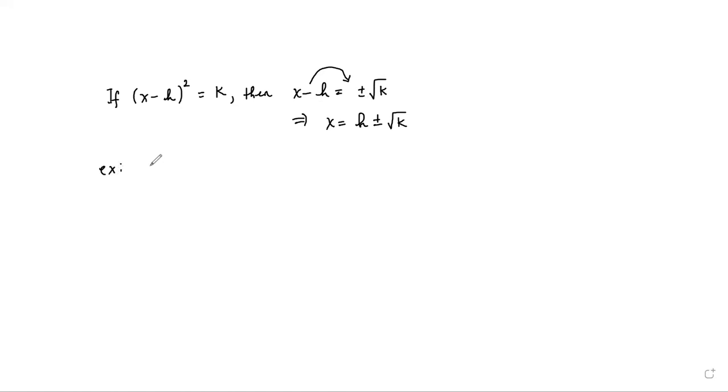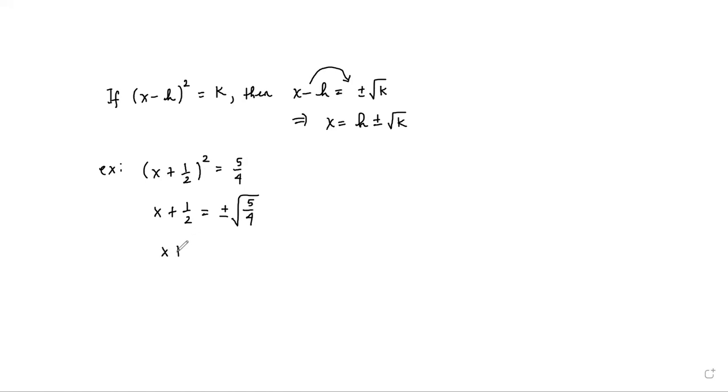So if we have, let's say, x plus 1 half quantity squared is equal to 5 over 4. So using the square root property here, we can solve for x plus 1 half, and the right side will now be positive negative square root of 5 over 4.